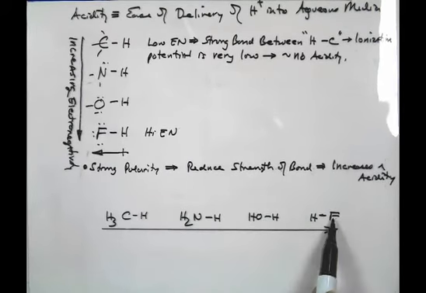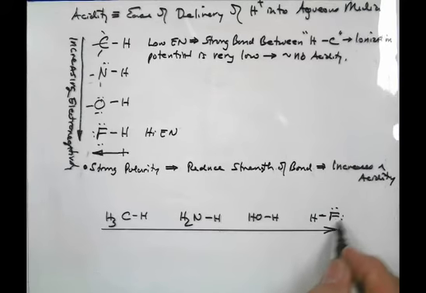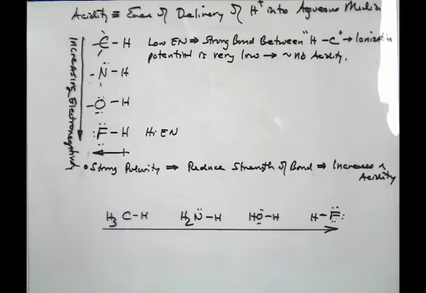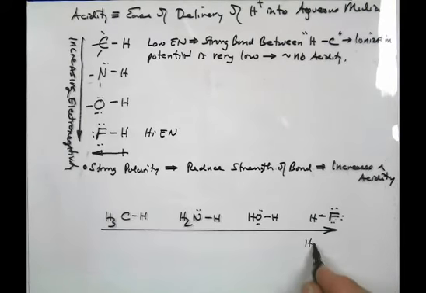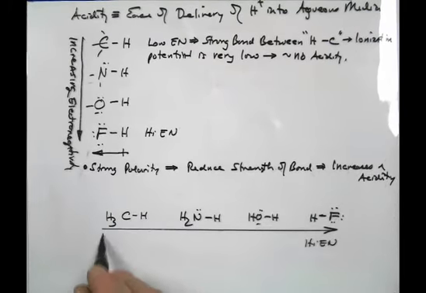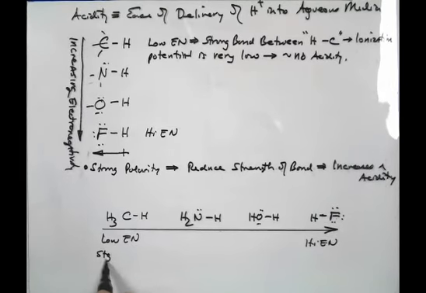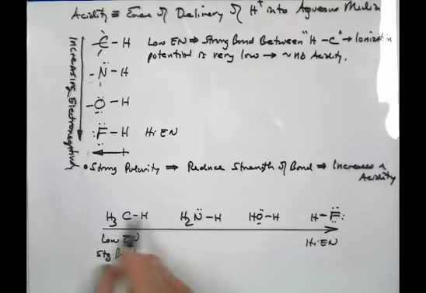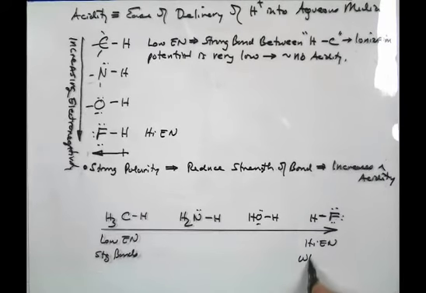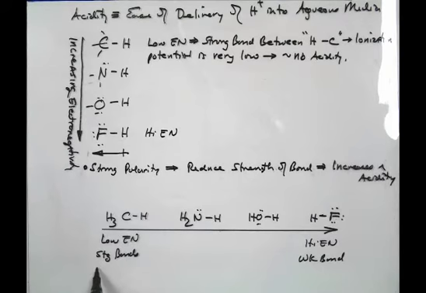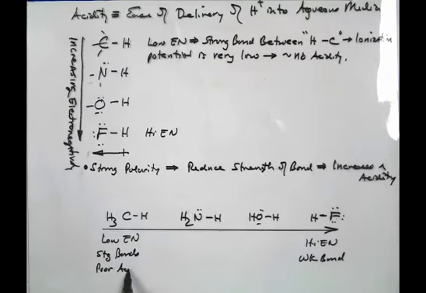That'd be fluoride in this case, oxygen in this case, nitrogen, and carbon. We have a high electronegativity here, low electronegativity here, a strong bond between the hydrogen and the central element, weak bond, and as a result, poor acidity, very weak acid.